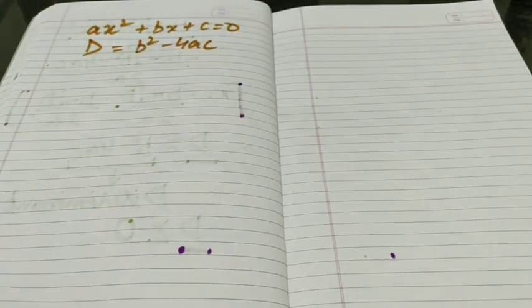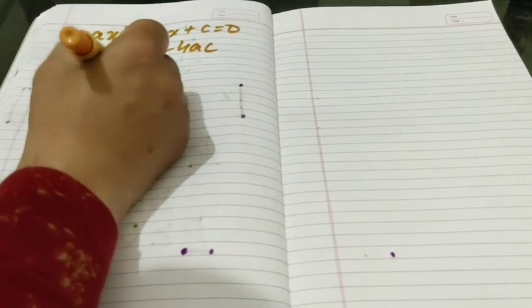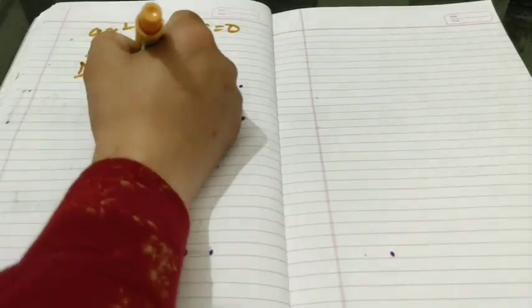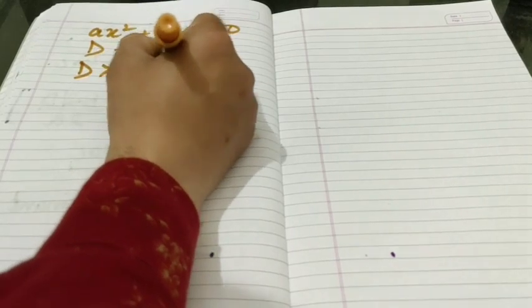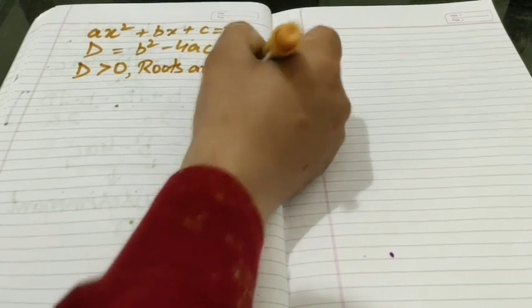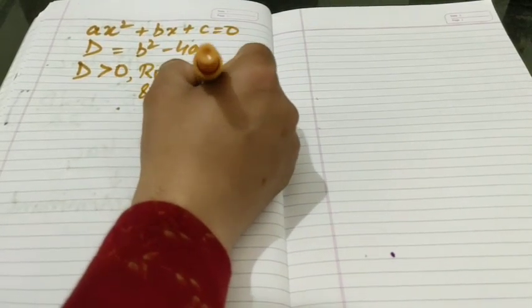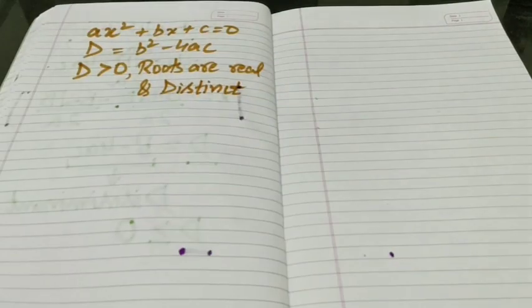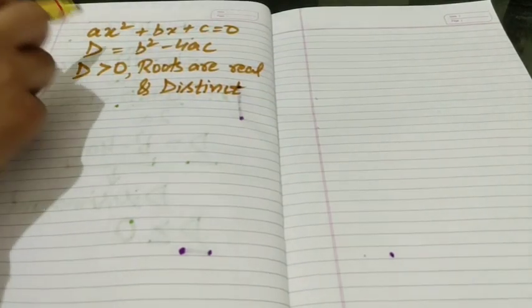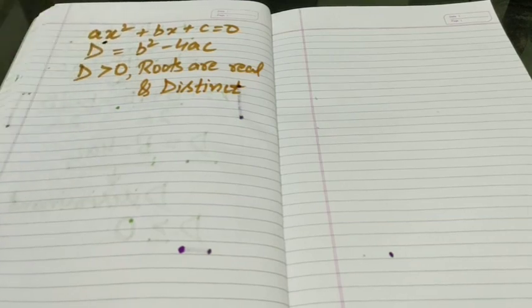If the calculated value of D is greater than 0, it means the roots of the equation are real and distinct. It means x will have two real values and both the values of x will be different.